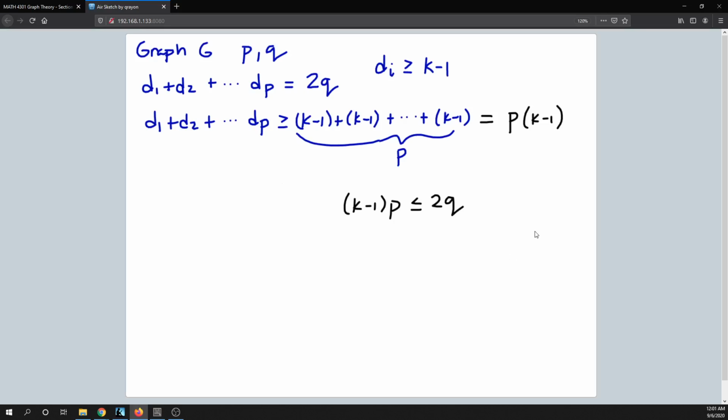Another way of looking at this inequality: if I divide both sides by P, I get 2Q over P. And 2Q over P is the same as the average degree.